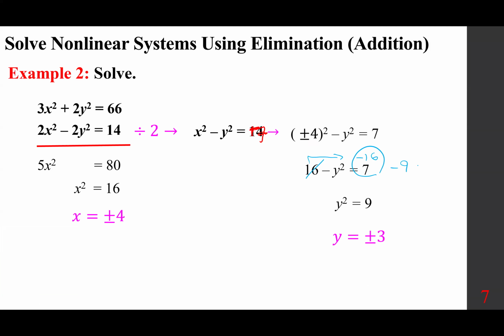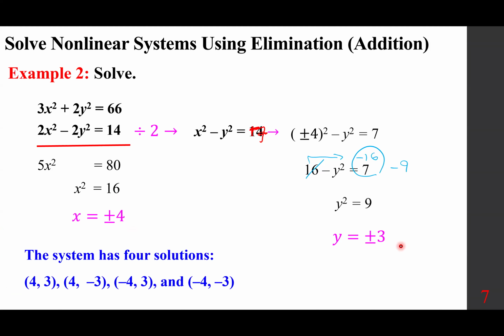So that's very straightforward, everybody. So I have two answers for x, two answers for y. How do you write that?